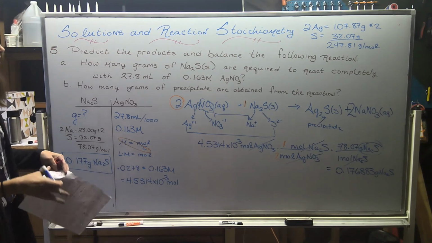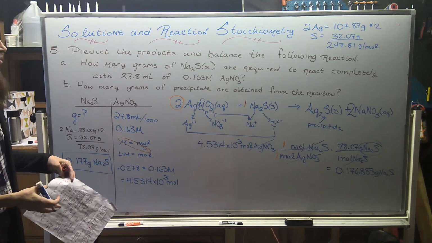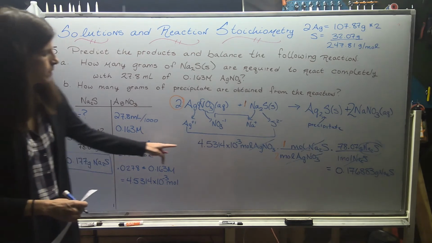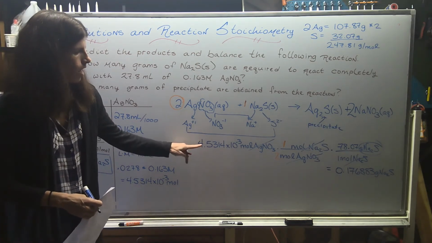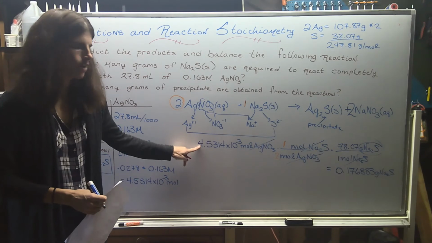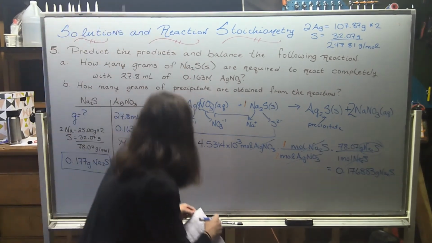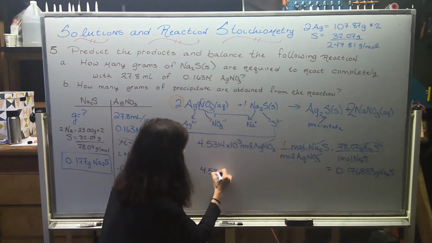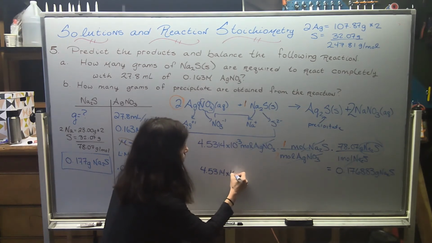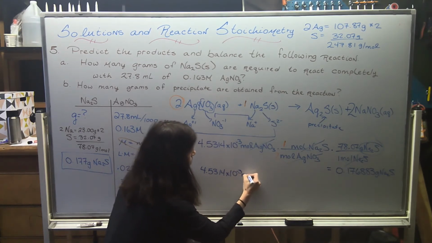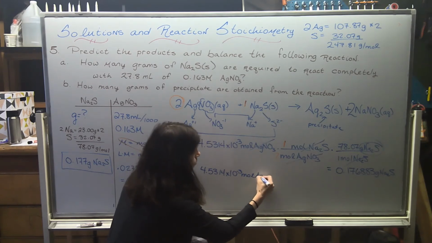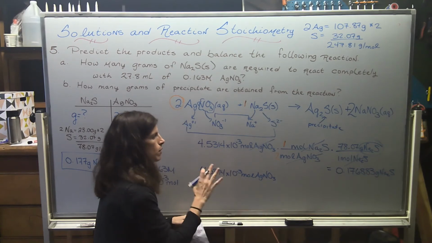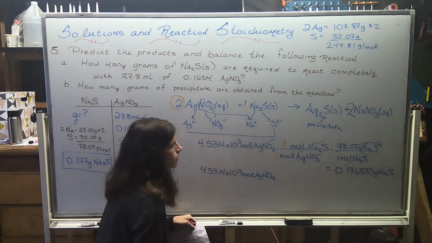So again, this will be a mole to mole ratio. For me, the easiest jumping off point would be to start with the moles of silver nitrate that we calculated earlier. So I'm going to rewrite 4.5314. And again, it always goes back to thinking about moles as being your bridge to where you want to go. So that's why I'm going back to one of my original or earlier mole values.